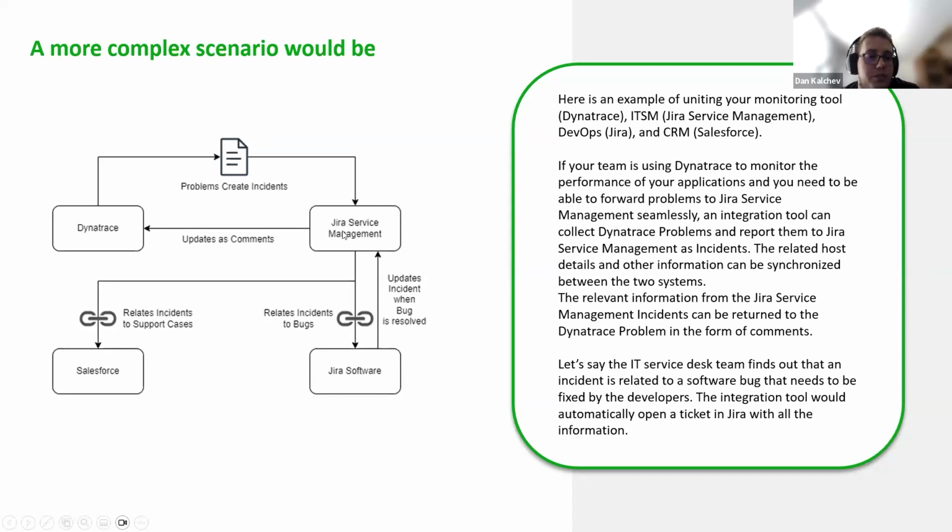So from this point forward, if you update something in Jira SM, it would automatically update the support ticket in Salesforce, or the other way around. If a customer starts asking for progress updates, this will automatically go into Jira SM, so you don't need to leave the Jira SM environment in order to know of this information.